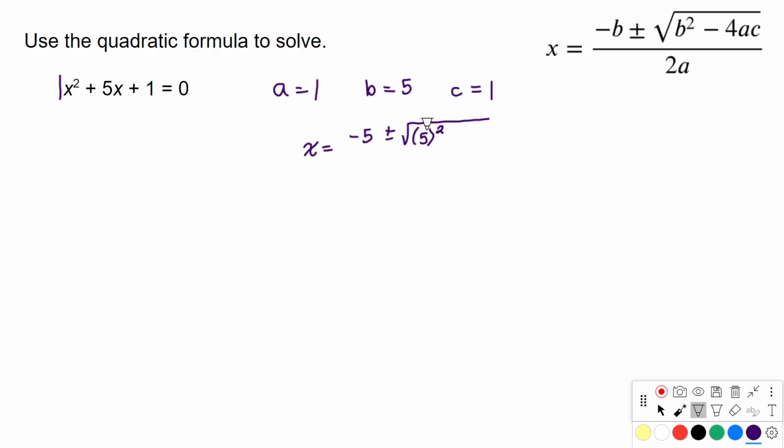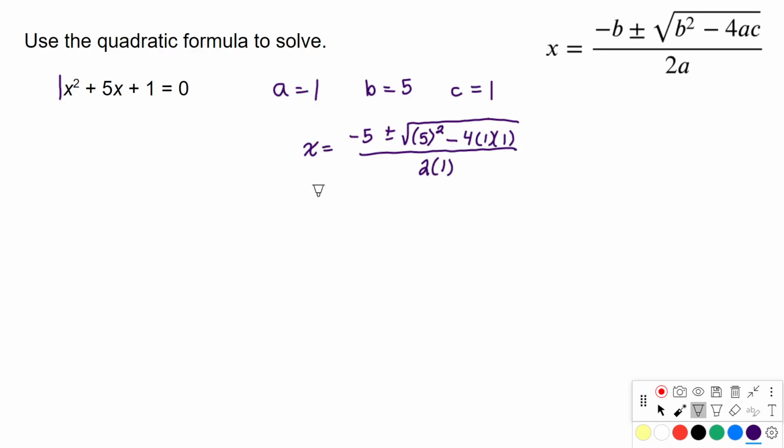So I always write my b value in parentheses to make sure when I square it, I end up with the correct sign. Minus 4 times a, which is 1, times c, which is also 1, all over 2 times a, or 2 times 1.